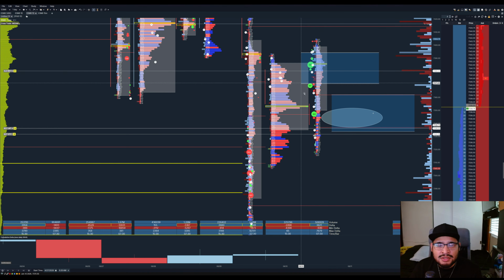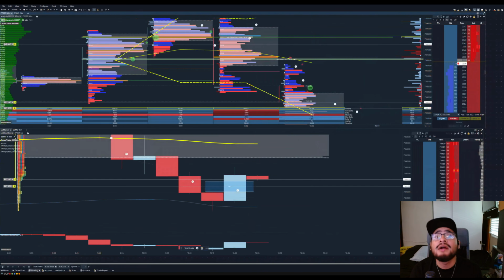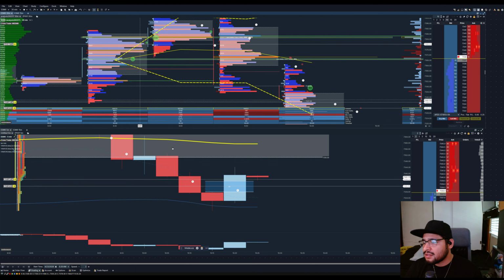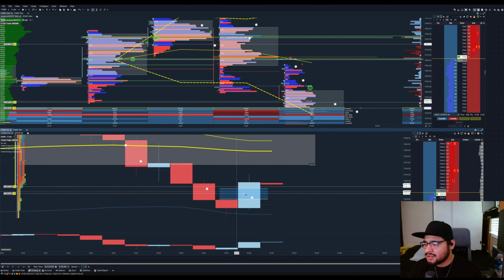And then my second target was the point of control. Then I closed out my contracts here around the value area low of the overnight session, and I trailed my stops for my last contract, chilling at these 5-minute lows. We had a single print section, repaired it, and broke above the 5-minute highs.